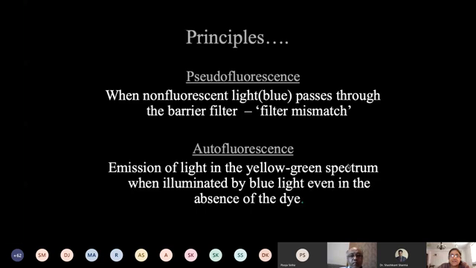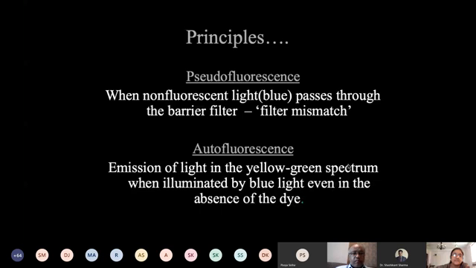In my previous slide, I explained that the barrier filter is basically the green filter, and it allows only the green light to pass through it and get captured inside the camera, which we take as a photograph. But if there is a filter mismatch, or if your barrier filter has grown old, it's not able to filter out the other range of the light. You have some amount of blue light also passing through it, and this causes pseudofluorescence.